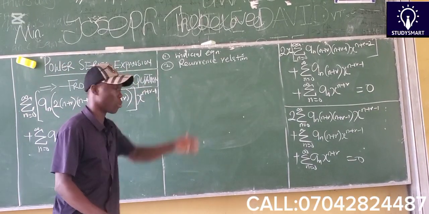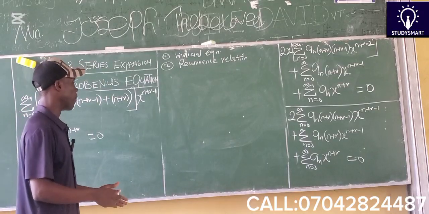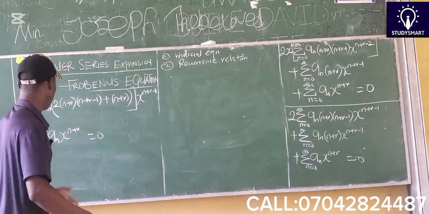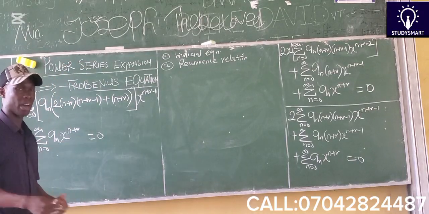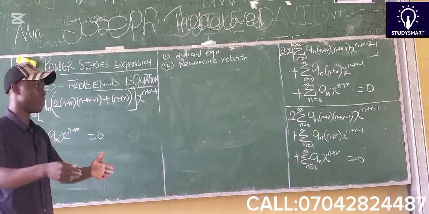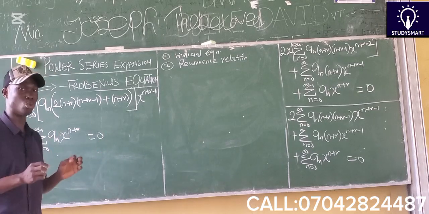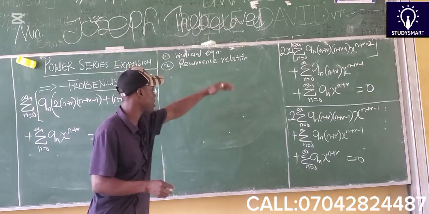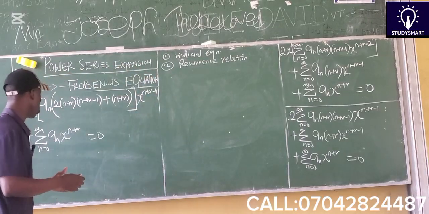In the indicial equation, we are going to have two values of r. It's just like having a quadratic equation, then you are solving for two roots. Then it's from the recurrence relation that we are going to look for the coefficients.